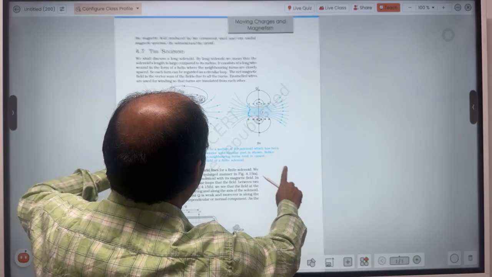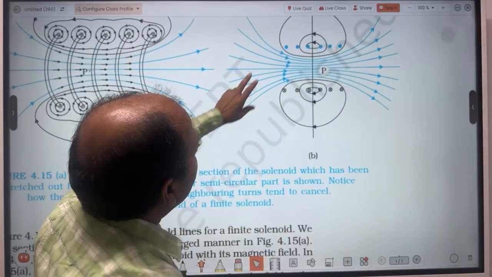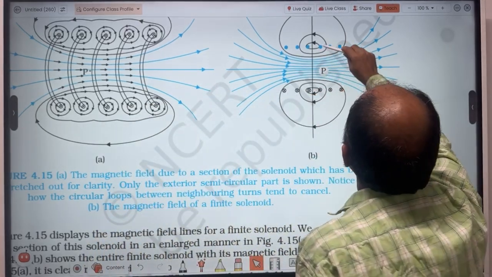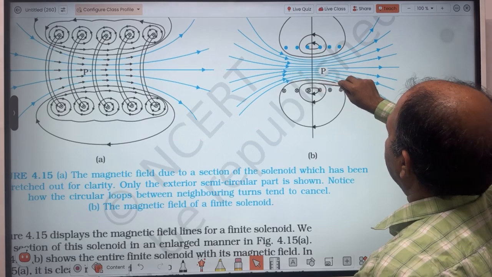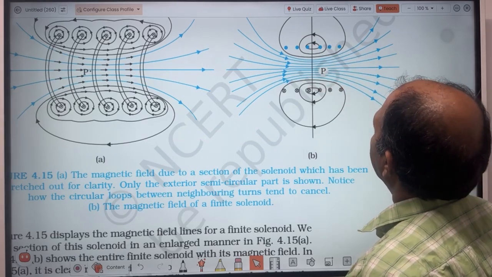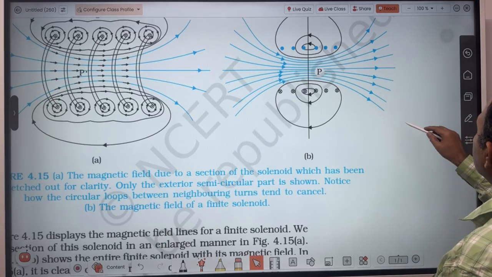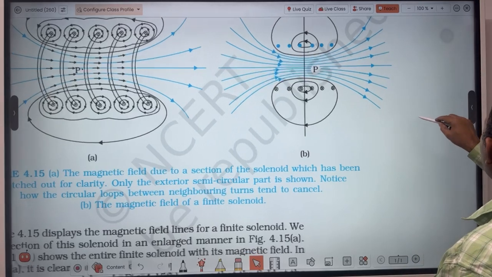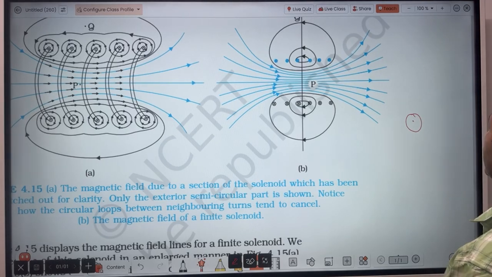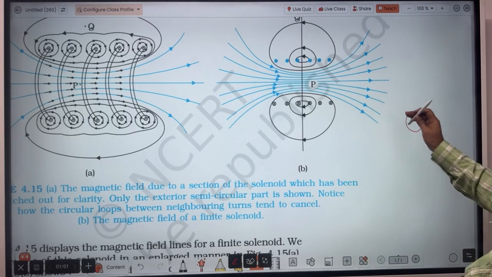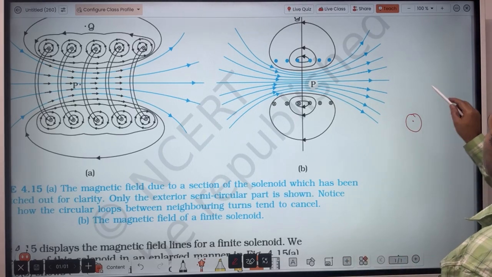Here in the second figure, what you notice is that just one turn is shown, where current is entering like this. So here the magnetic field line will be like this, and here the magnetic field line will be like this. We have already studied that if we draw this symbol, a dot, what does it mean? It means the field is coming towards us, that is, out of the page.